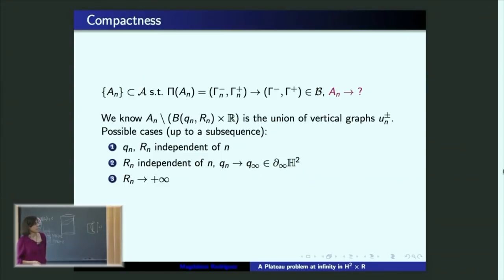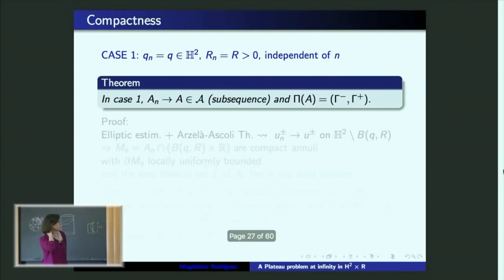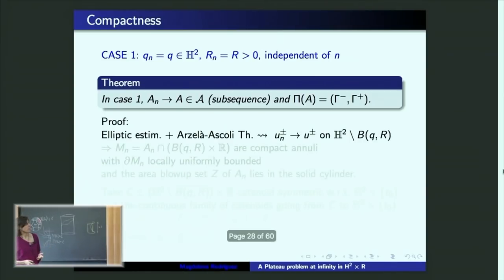Well, let's study the different cases. In case 1, as I said, this is going to be the good one. We are going to prove we have a good limit. So we have a fixed cylinder, and outside that, we have a sequence of graphs. And they are bounded, so there exists a limit. And as I said before, exactly the same idea. The boundary values are the right ones.